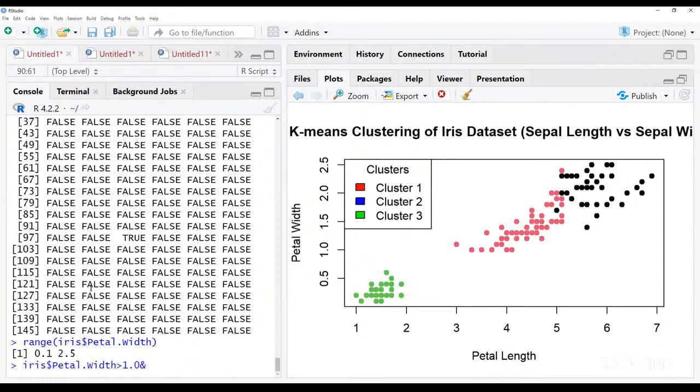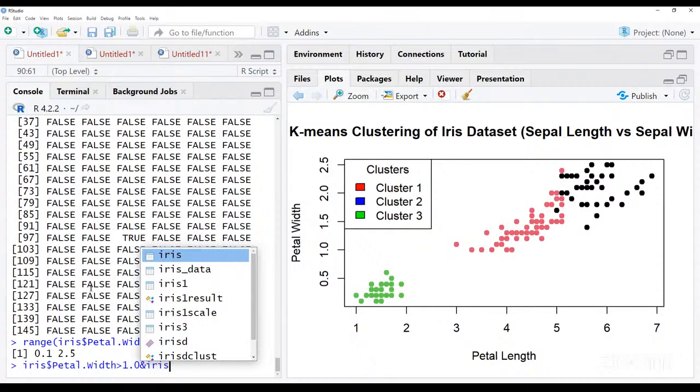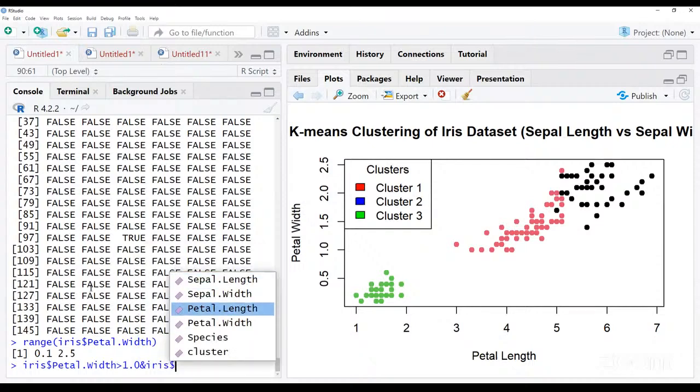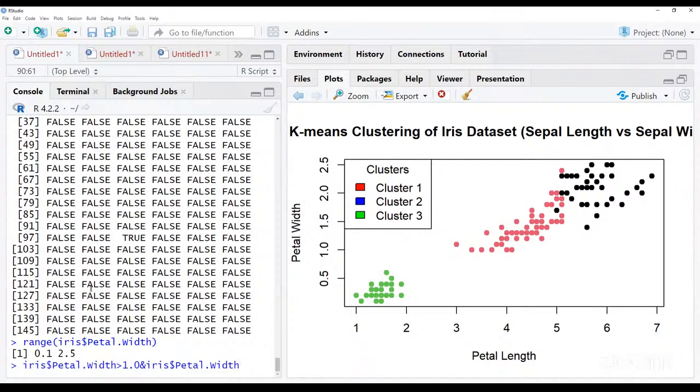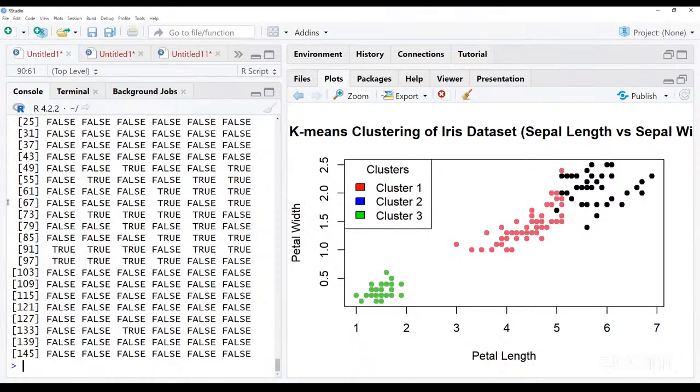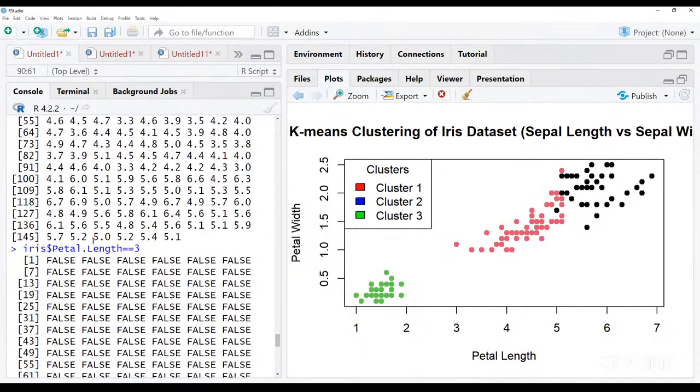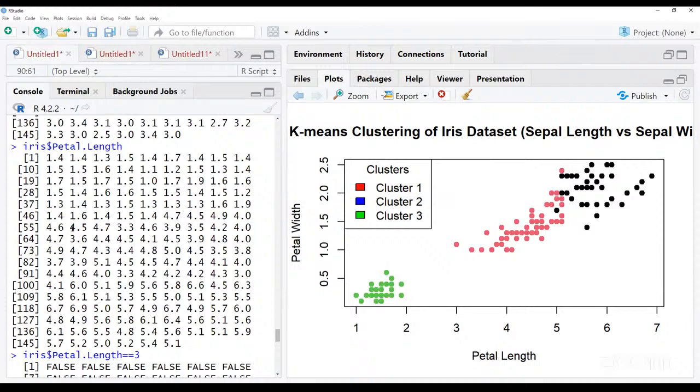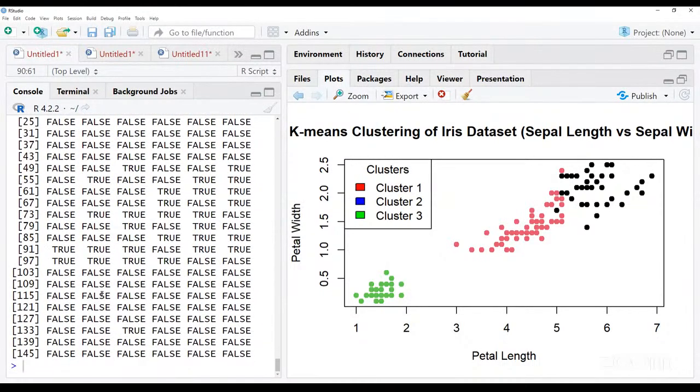And iris dollar petal width less than 1.5. Then enter. 56. He's asking to check, is it in 99?